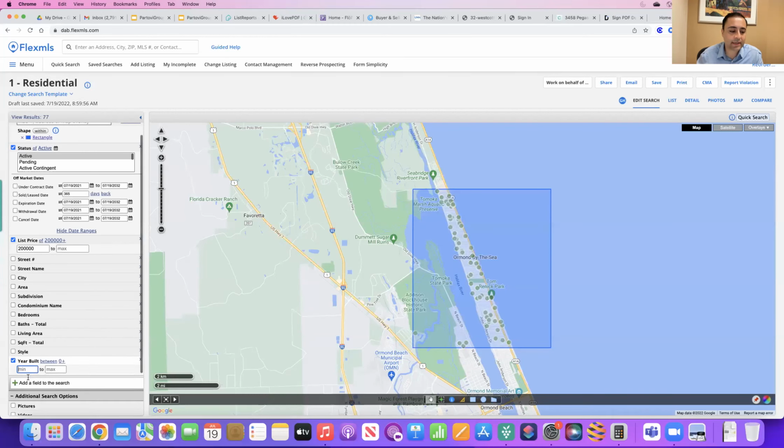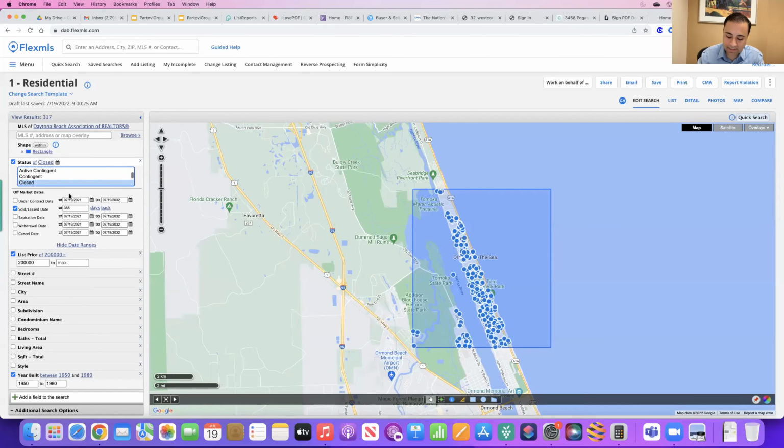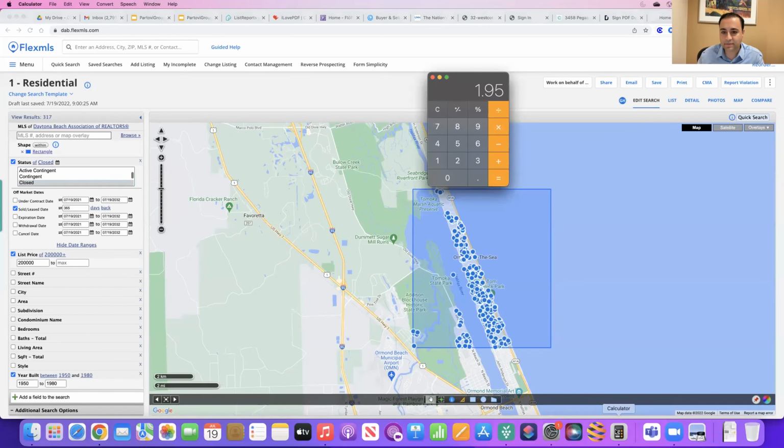So let's take that right now, between 1950 and let's say 1980, and you can run the same numbers. There are 47 homes above $200,000 in Ormond by the Sea right now active, built between 1950 and 1980. If we look at how many closed, 317 sold last year above 200,000, built 1950 to 1980.